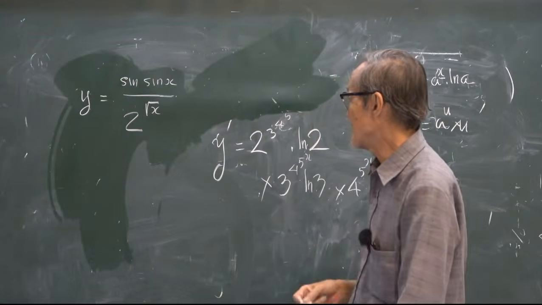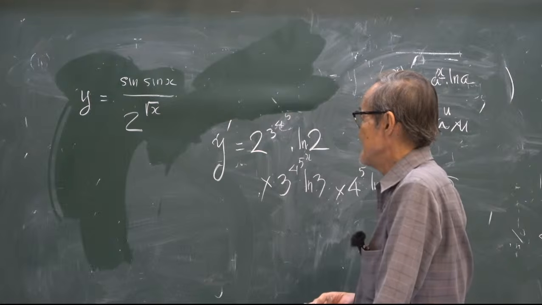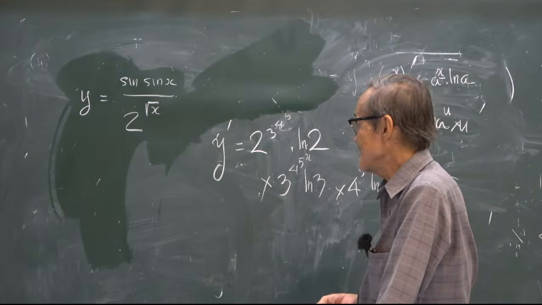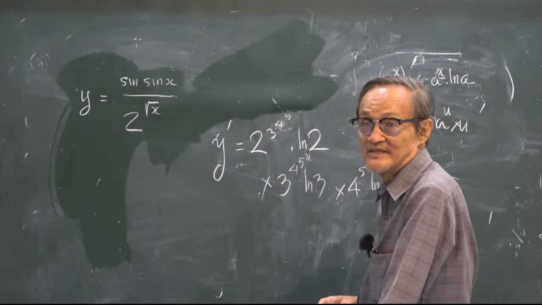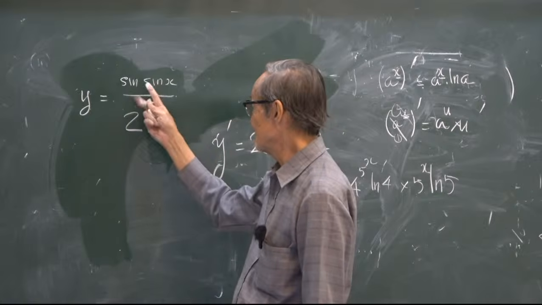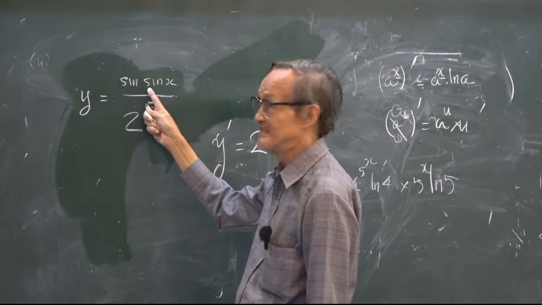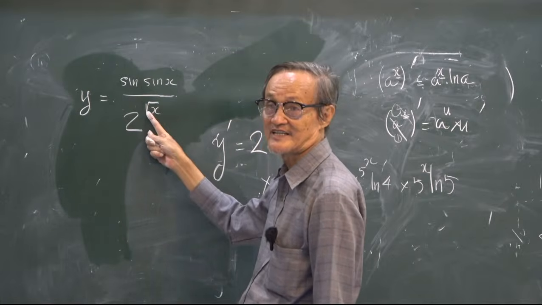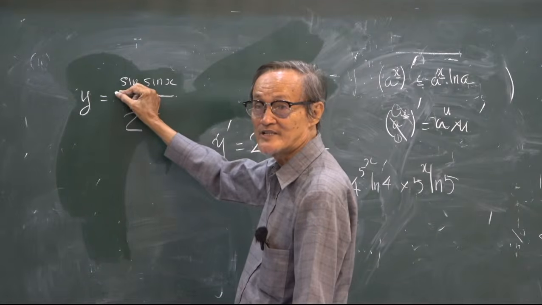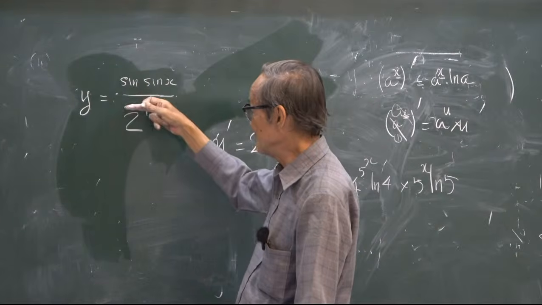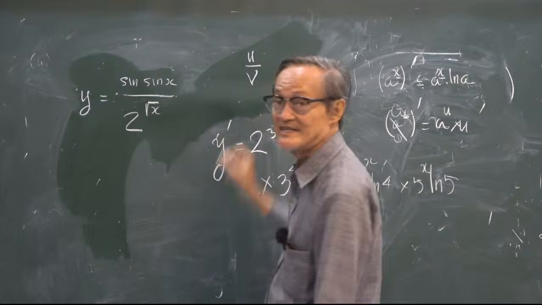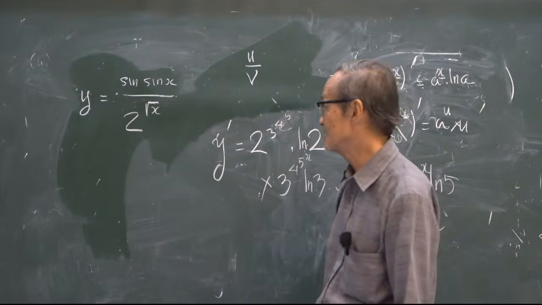Now, y equals sin of x over 2 to the power square root of x. This is a function of a function. But the final operation is division, so we use the formula for u over v.